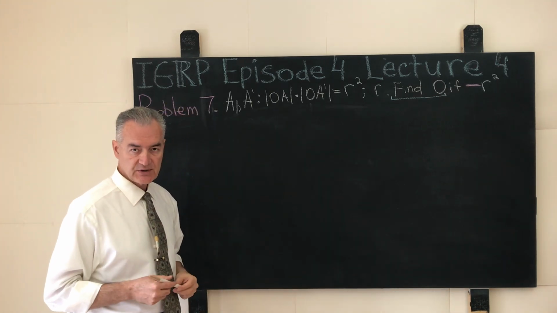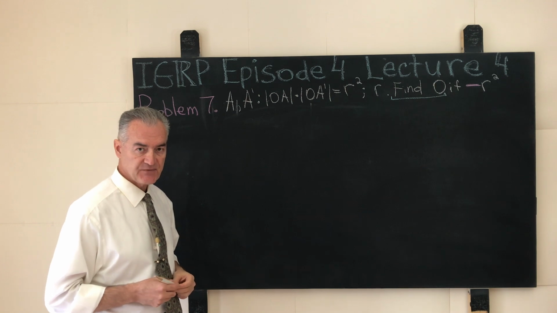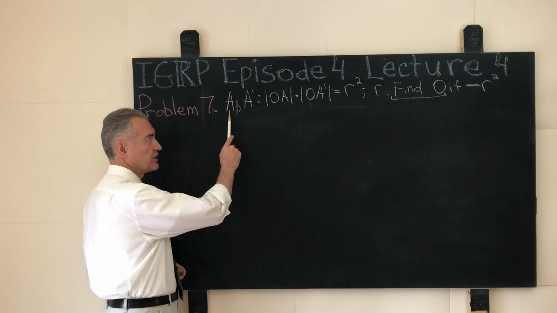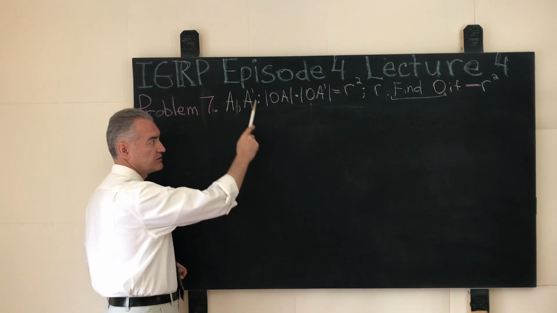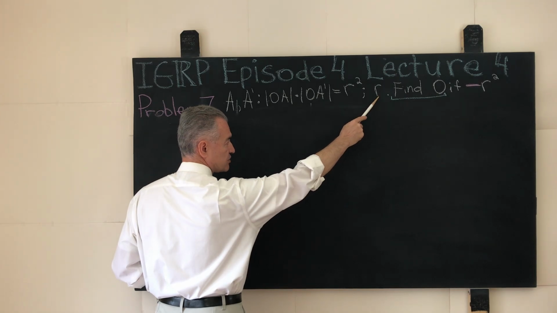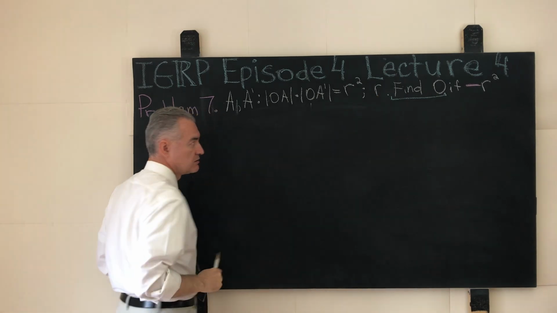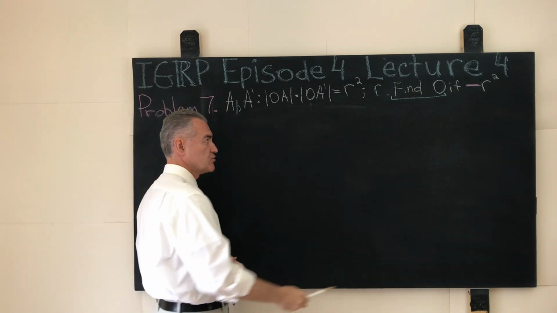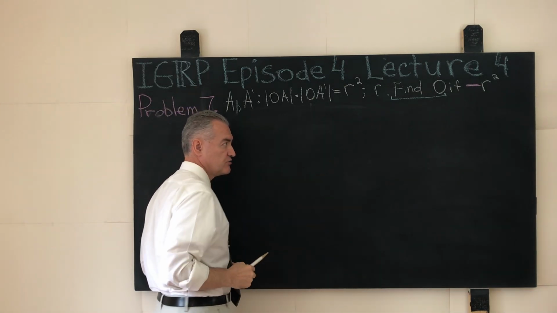One line segment that designates the distance between the inverse images, between the points A and A prime, and another line segment that precisely in length matches the real number, the strictly positive real number, to which we refer as r, that is the radius of inversion.